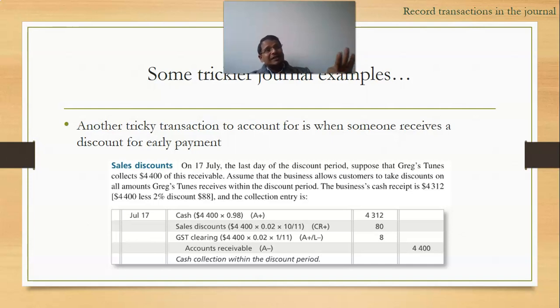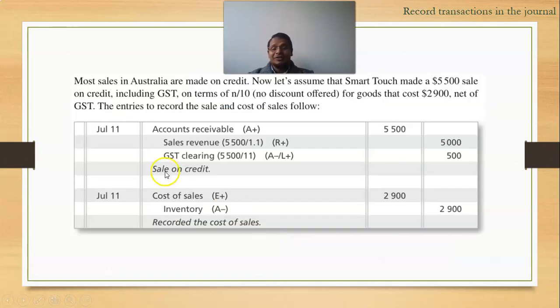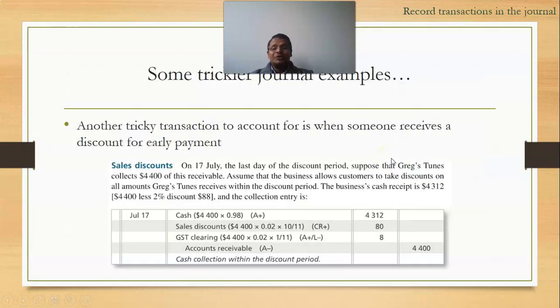So you are giving a discount of 88 to your customer, and you are losing 80, and the government is losing 8. GST was actually credited in the previous transaction, but when you are not receiving that money, GST is debited. All right, and account receivable 4,400.